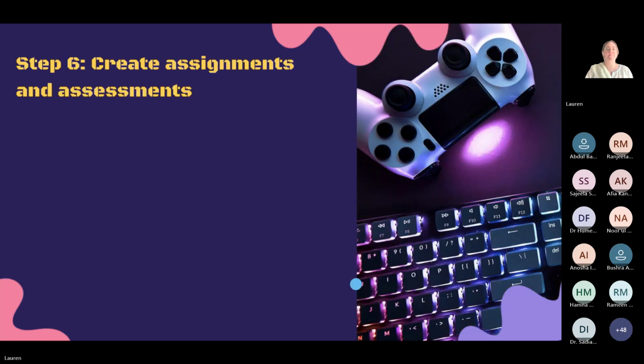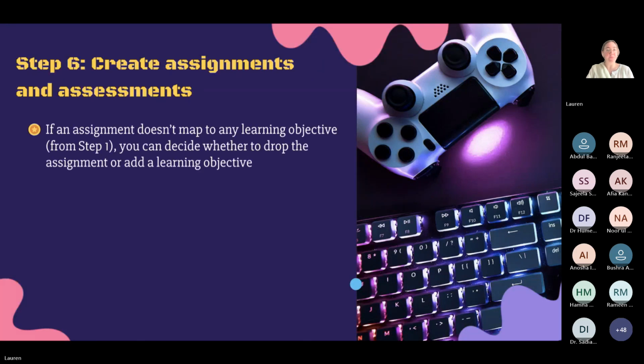Okay. All right, so step 6, we create assignments and assessments. All right, so when we're thinking about which specific assignments we're going to make, we need to think first, are they mapping onto our learning objectives that we made in step 1?